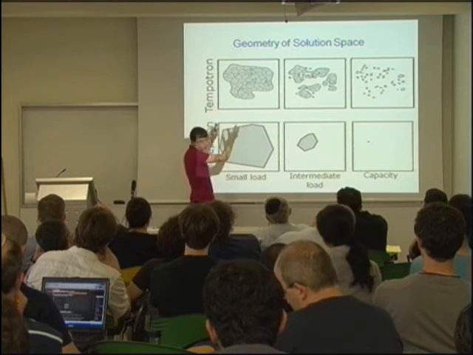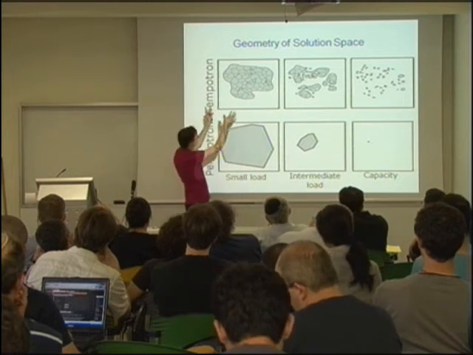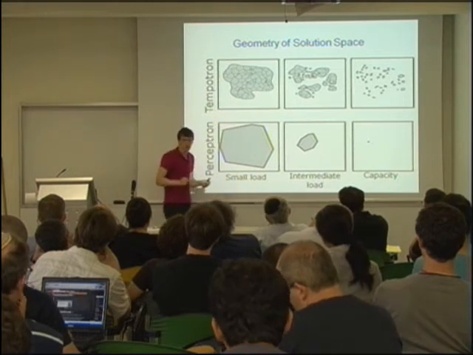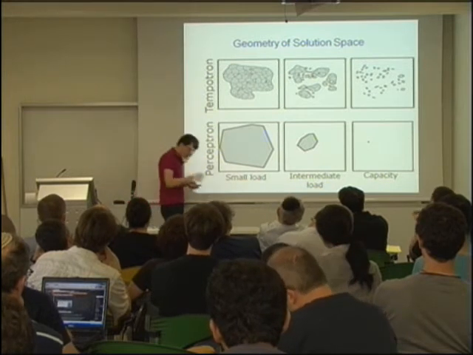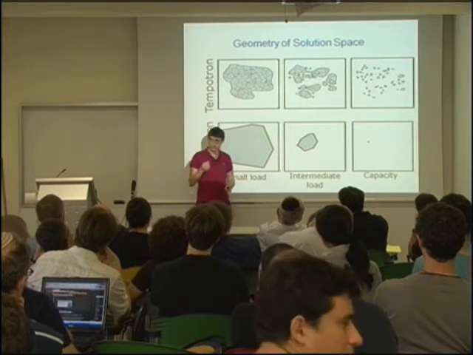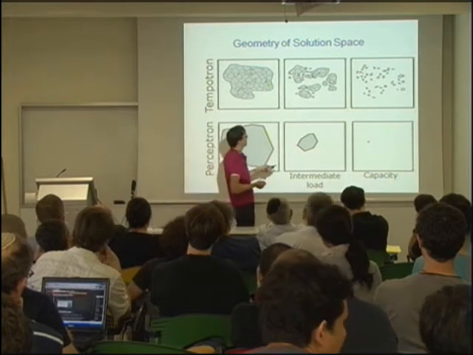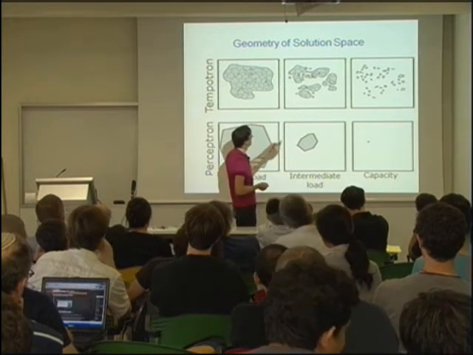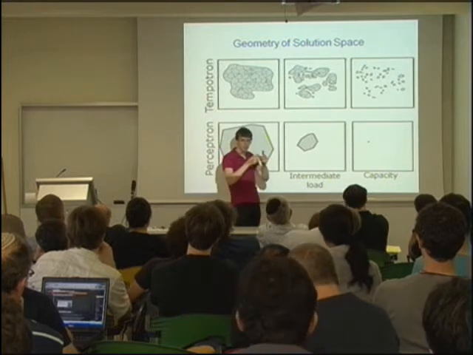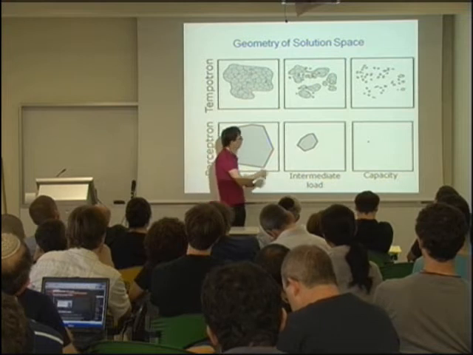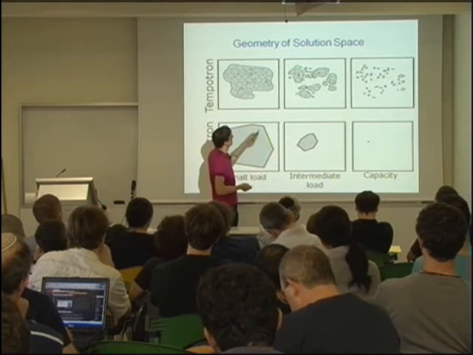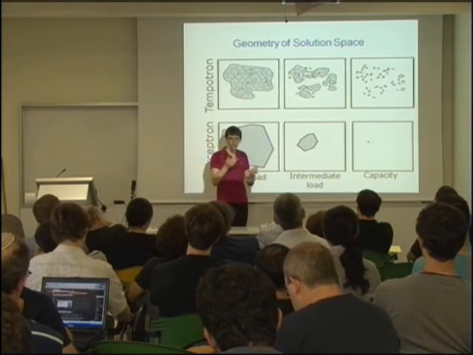But in the beginning, we still have a big bulb, one big volume that all the solutions lie inside. Then, as we add more and more patterns and increase the load, at some point there's a critical point where this structure breaks into many separate clusters. As we add more and more patterns, these volumes divide and shrink.